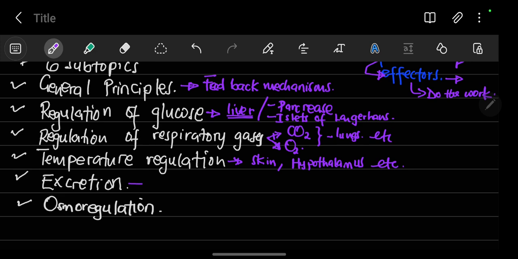Then in excretion, some of the wastes we are going to be looking at here. You remember your O-level work, where in excretion we have wastes to deal with, and among them we have nitrogenous wastes and non-nitrogenous wastes.